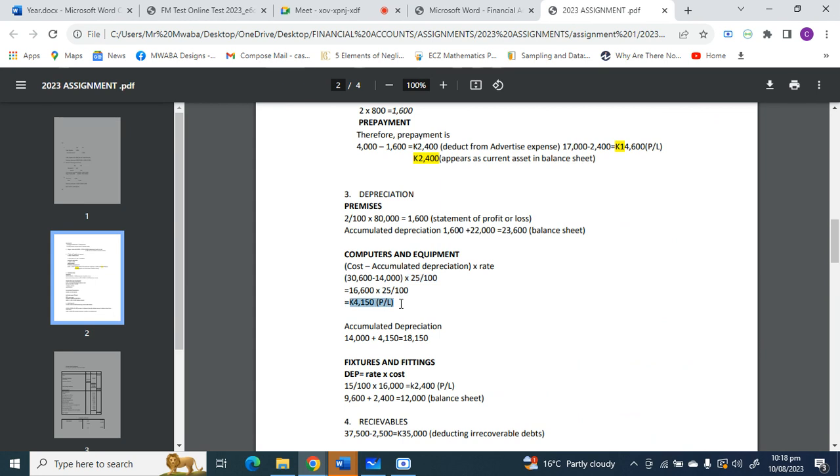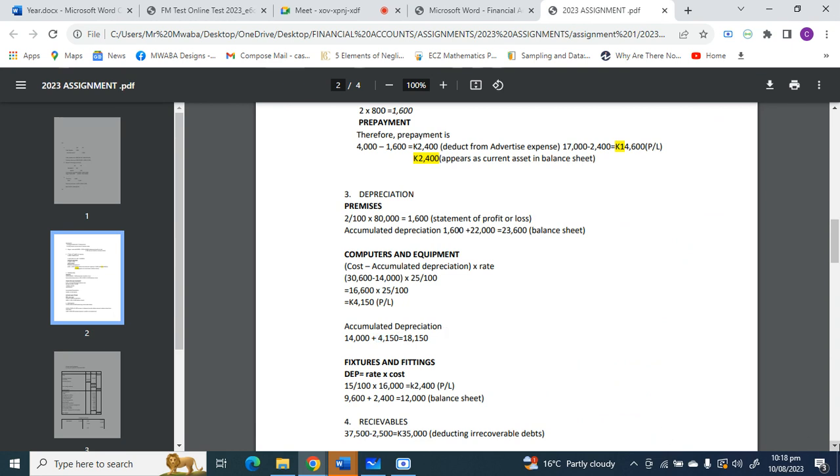This is the depreciation expense for the year for computers and equipment. And this amount, we add it to accumulated depreciation. So in the balance sheet, we're going to see the value of these computers and equipment at 31st December 2022.